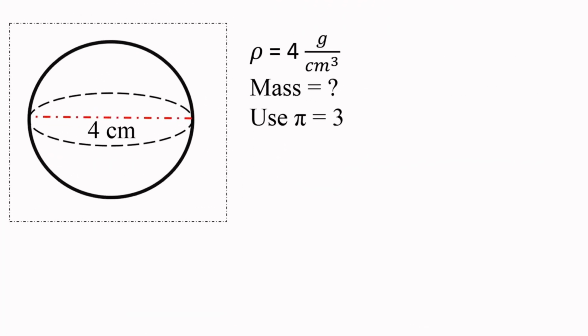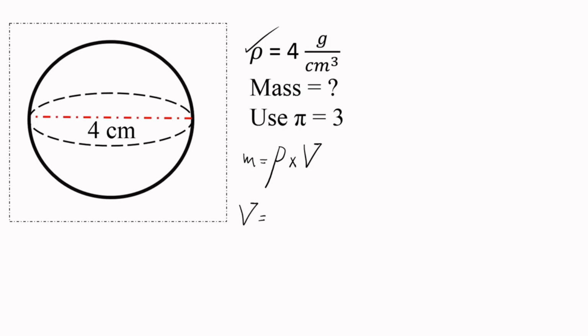Here I have a sphere. I have the diameter and I have the density, and the question expects me to calculate mass. As I told you before, for calculating the mass, I'm going to use the formula rho times V. Do I have rho? Yes, I have rho. It is 4 gram per cubic centimeter. Do I have volume? No. I need to calculate that.